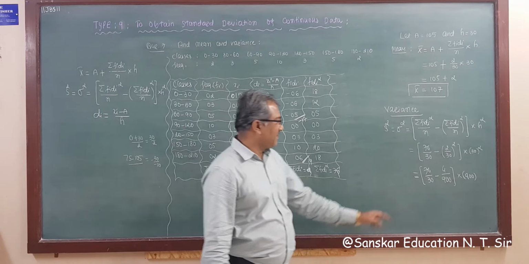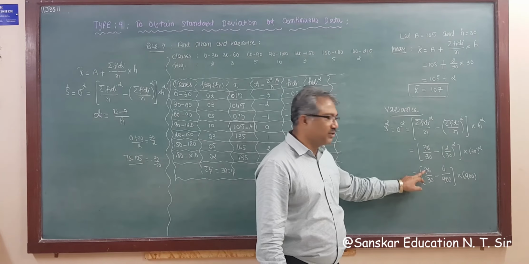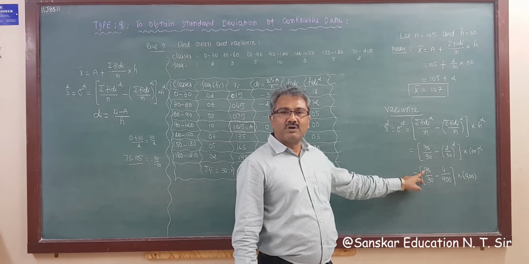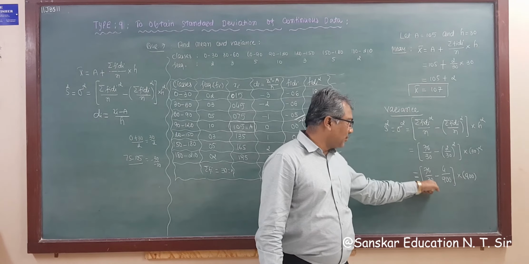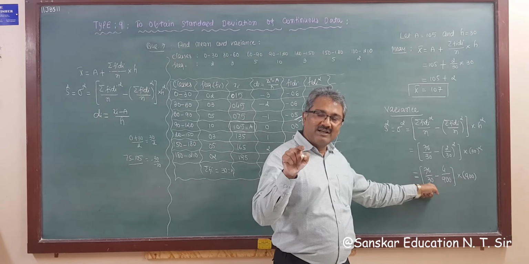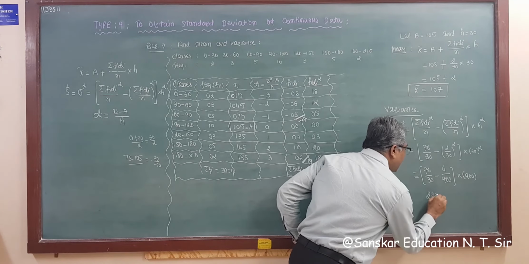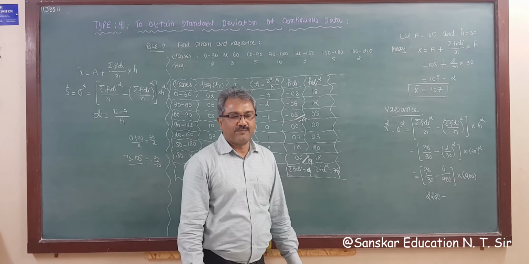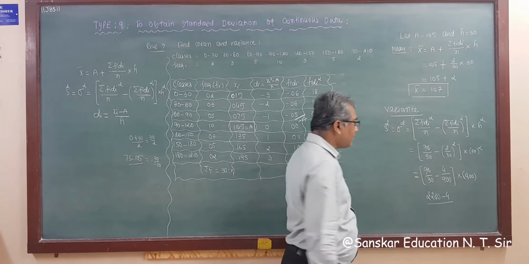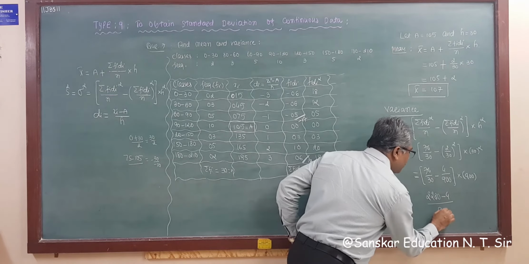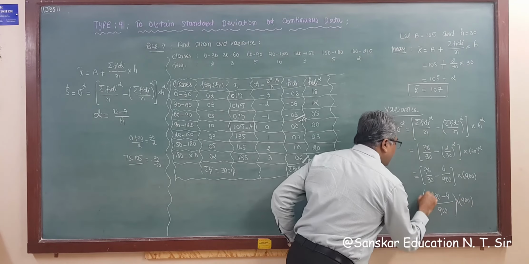So taking the LCM, 30 into 900 is the LCM, so you have to multiply by 30 also. 7 3s are 21, 210, and 6 3s are 18, so there is 228 and 10, because we multiplied by 3 only. So the answer is 2280. So 2280 minus 4, whole upon 900, into 900.